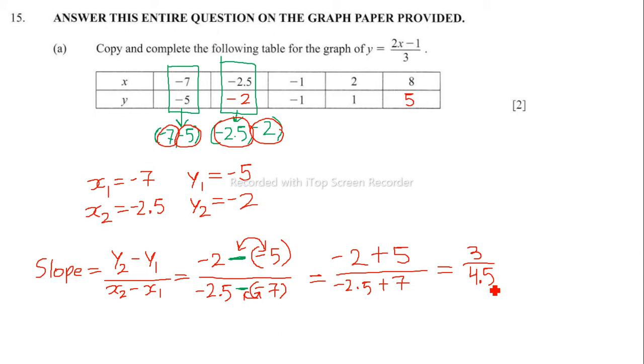I get 2/3 though. Positive 2 over 3. Yeah, that's correct. So it's going to be positive 2 over 3.